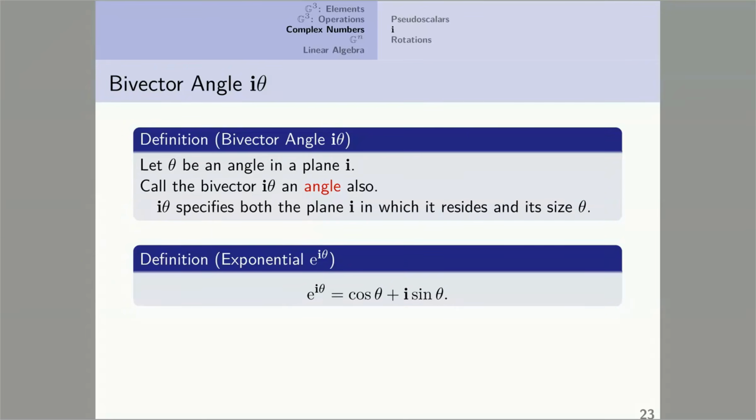Definition of the exponential, e to the I theta: cosine theta plus I sine theta. u times v is equal to the length of u times the length of v times e to the I theta. I here is the unit pseudoscalar of the plane determined by u and v, and theta is the scalar angle between the two vectors.